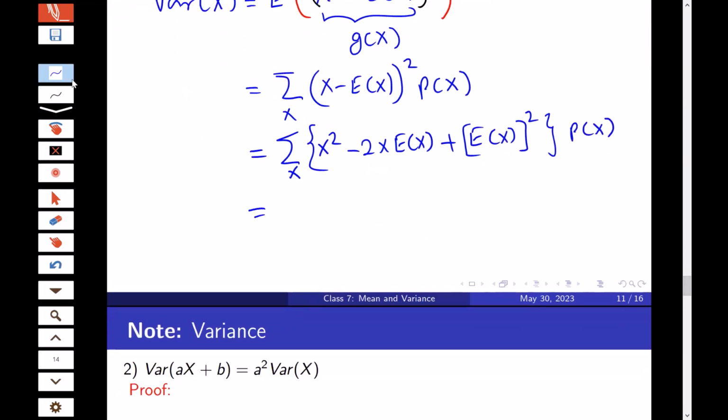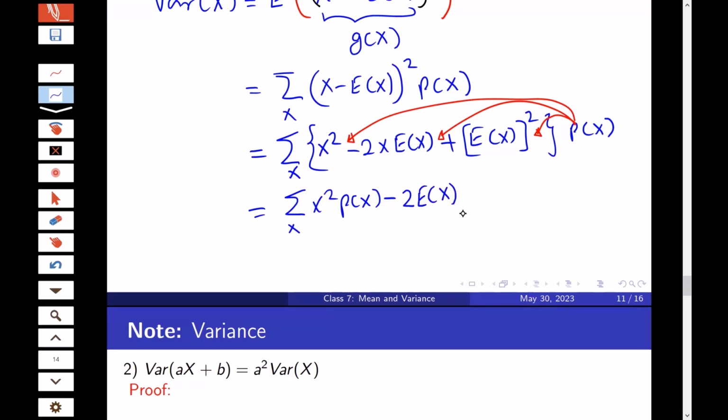Now I'm going to distribute p of x to each term and split the summation: the sum over x of x squared p of x, minus 2, which is a constant, and E of x is also constant because we have to calculate it before calculating the variance. So I can take these two outside of the summation, and I only need to have x p of x, with little x.